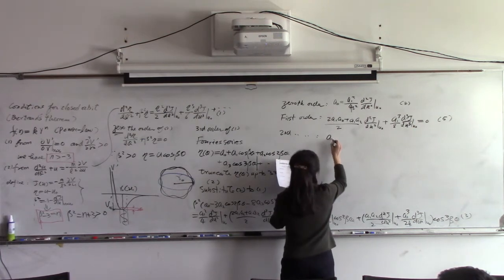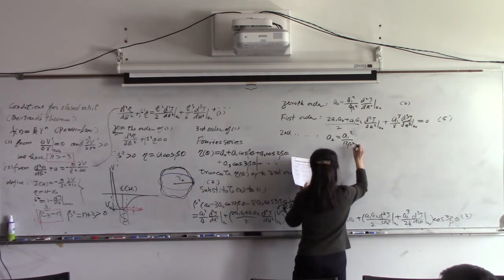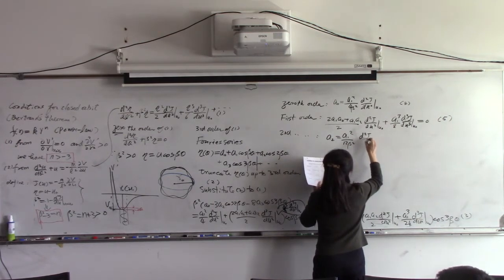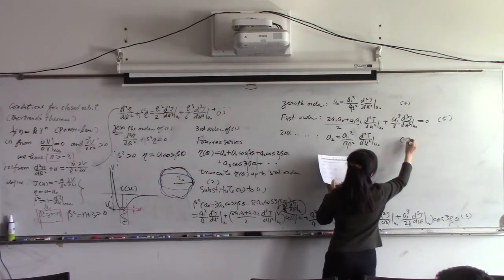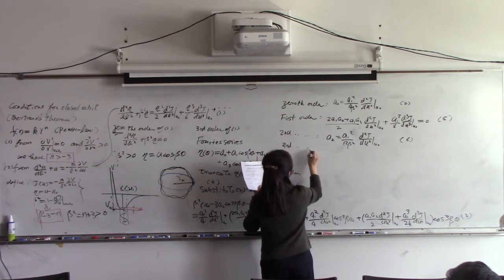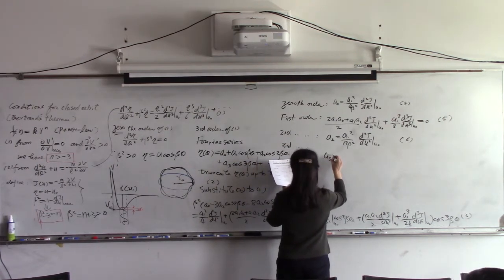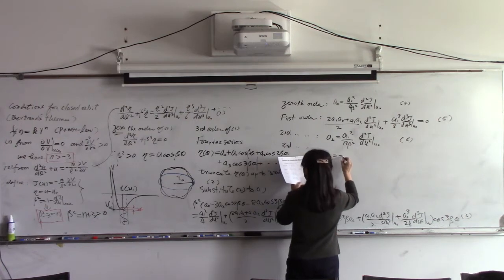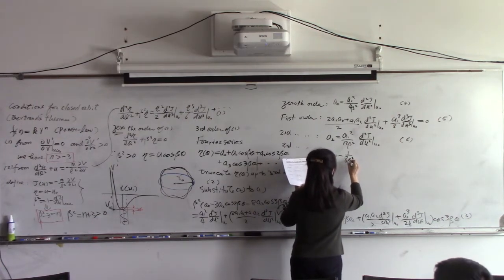Then the second order, we have a2 equal to a1 square over 12 beta square d square J du square at u naught. And that is equation 6. And the third order, we have this one, we do not need it. Minus 1 over 8 beta square.